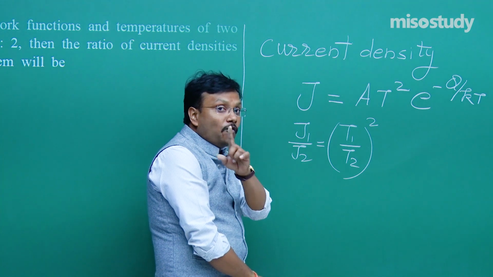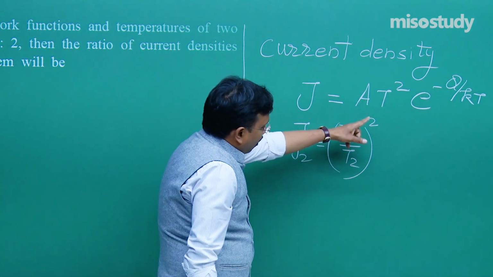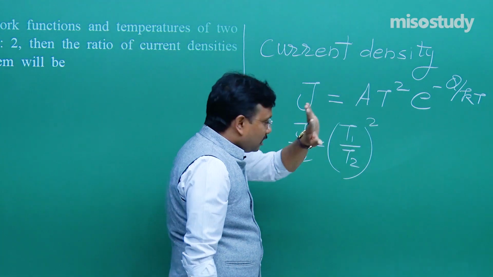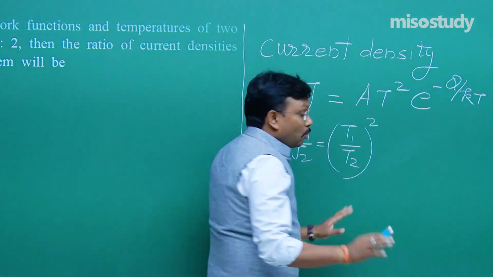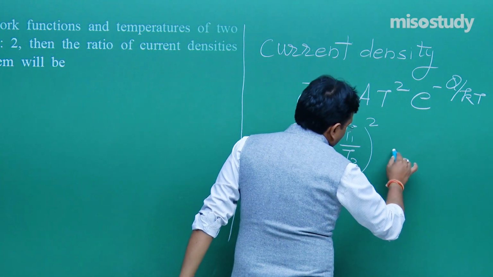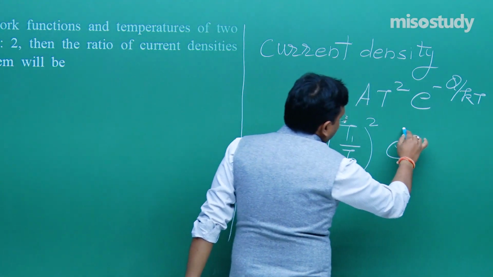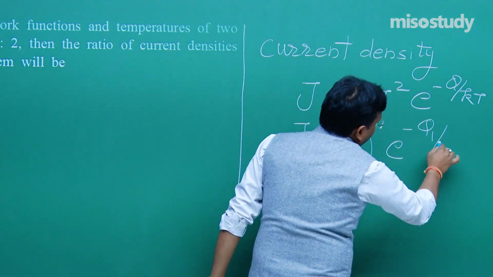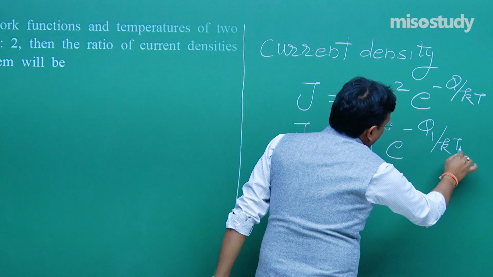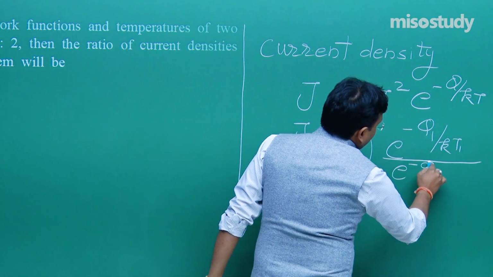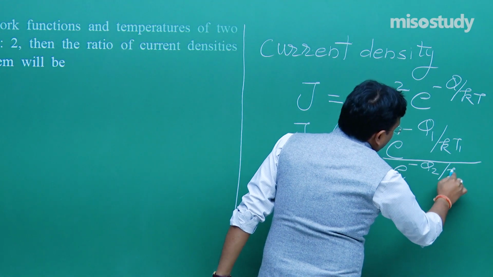In general, the problem will be produced by this exponential term. Reason, you can't cancel this term. Why? Because then it's e to the power minus phi 1 upon kT1 over e to the power minus phi 2 upon kT2.